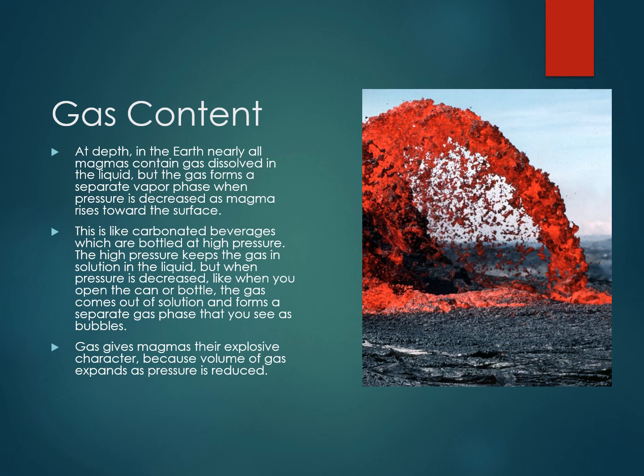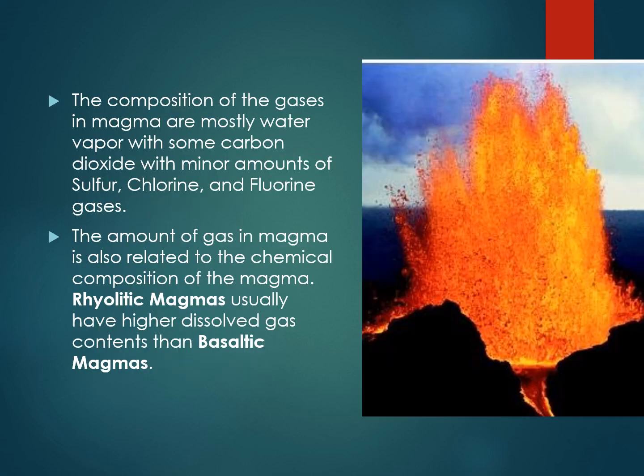The high pressure keeps the gas in solution in the liquid, but when the pressure is decreased, like when you open a can or bottle, the gas comes out of solution and forms a separate gas phase that you see as bubbles. Gas gives magmas their explosive character because the volume of gas expands as pressure is reduced.